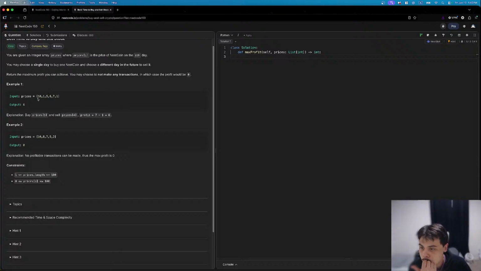Okay, so if I buy on price at 10, can it get any better if I expand the window?